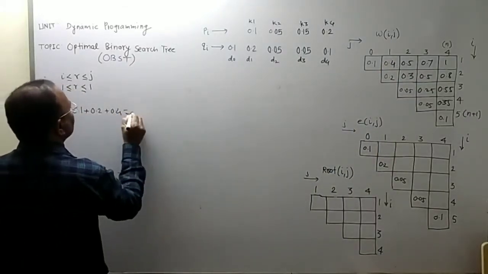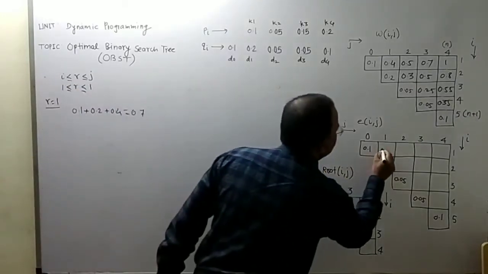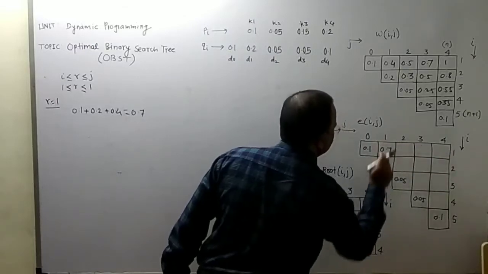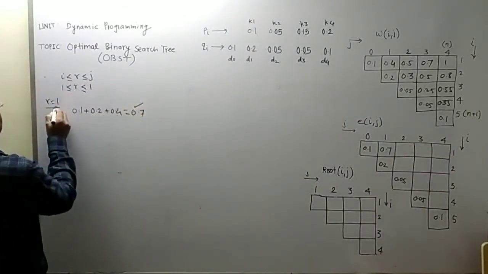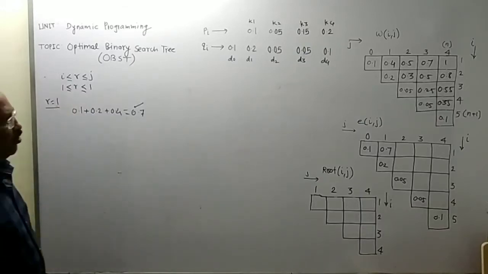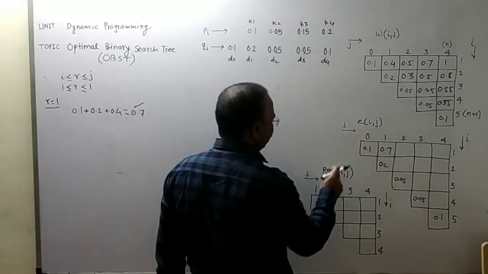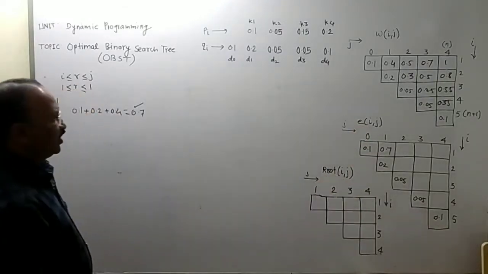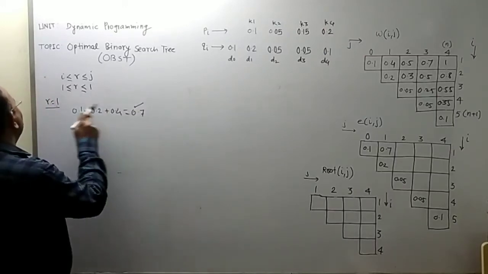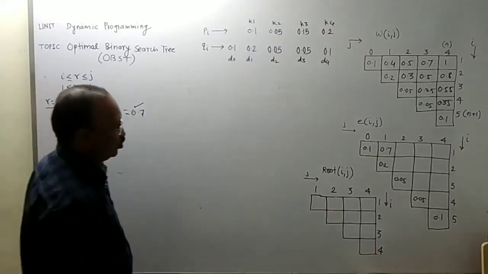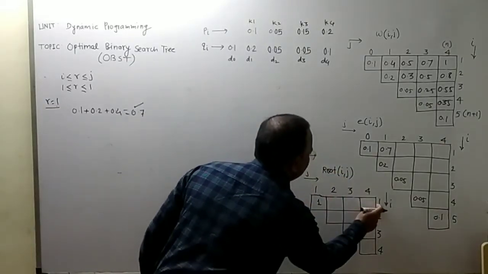It comes to 0.7. So write 0.7 in 1 cell, and we have got 0.7 for R equal to 1. Now, while filling the E table, we have to fill the root table simultaneously. So put R equal to 1 here.